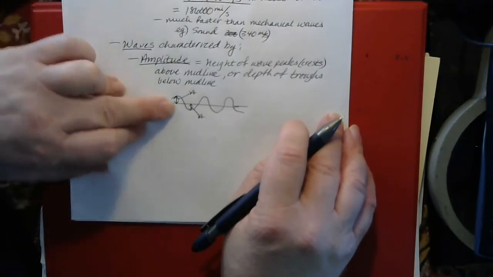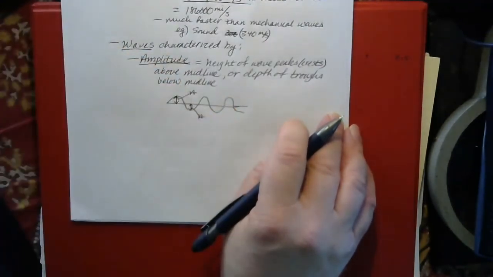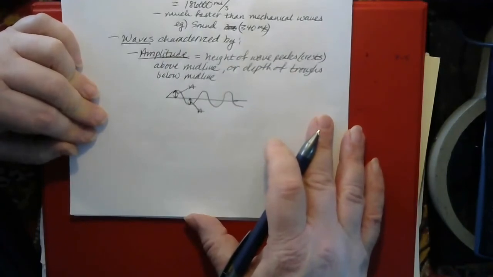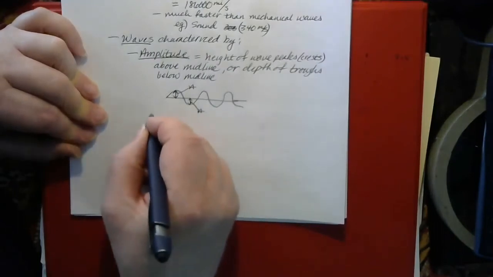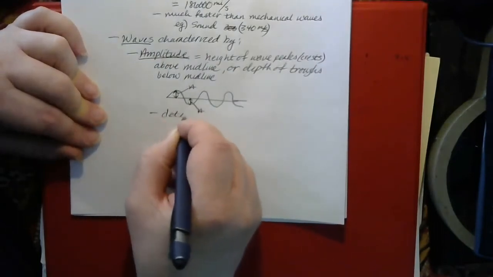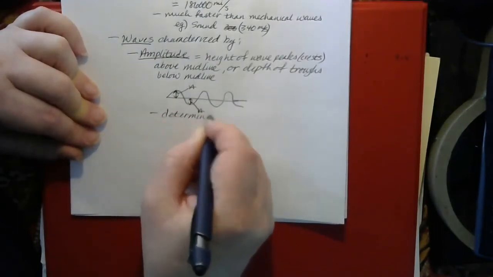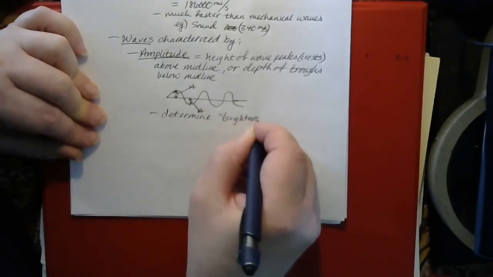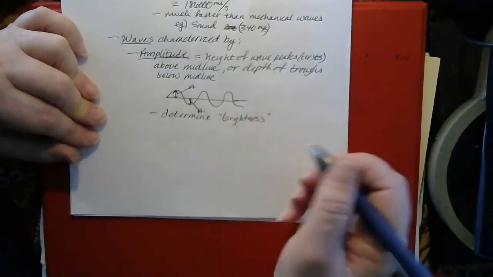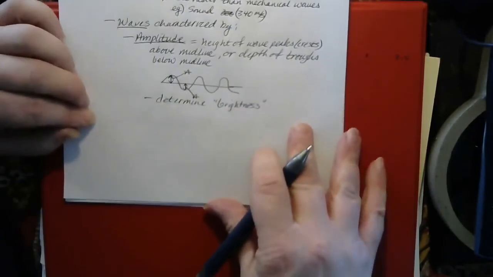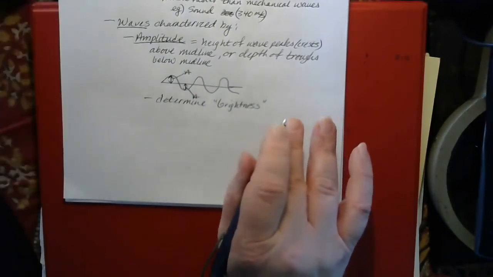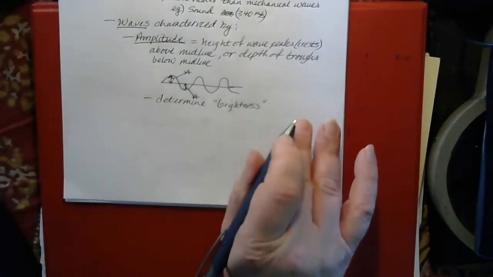And the midline would be the horizontal line that goes right down the middle of the waves. It's the amplitude that determines things like brightness if you're talking about visible light, or loudness if you're talking about sound waves.